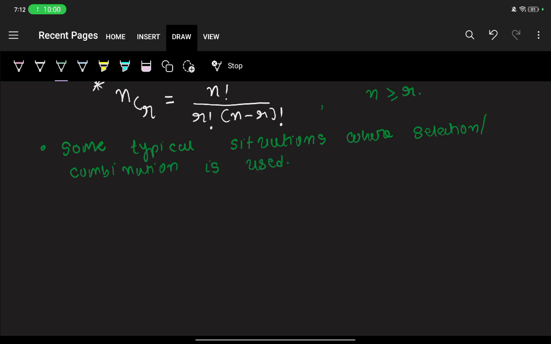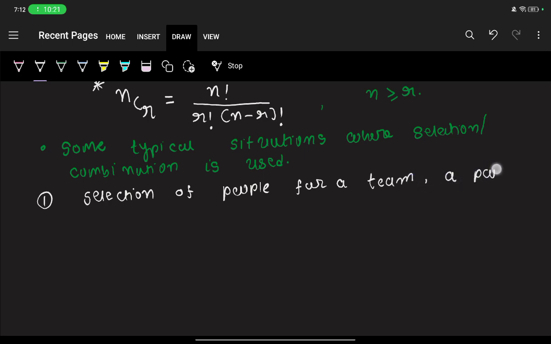For example, first, selection of people for a team, a party, a job, an office, and so on.